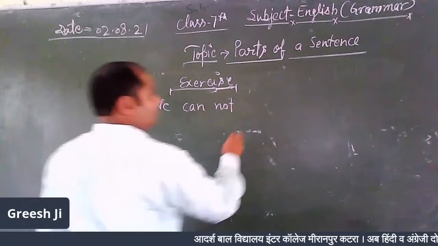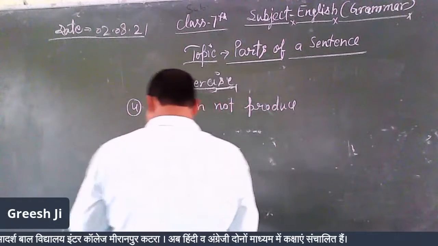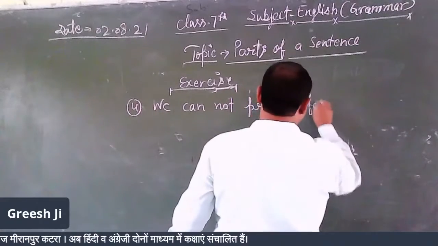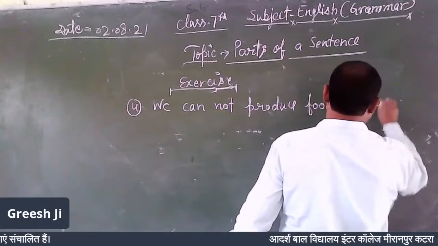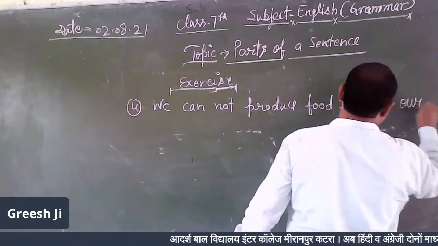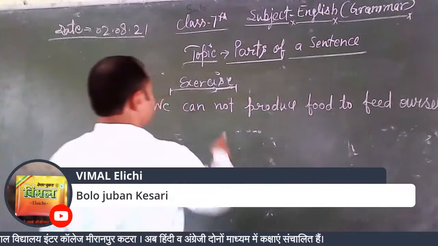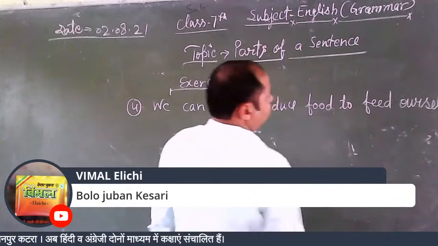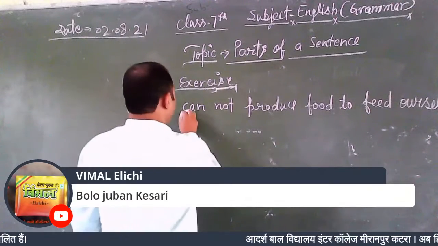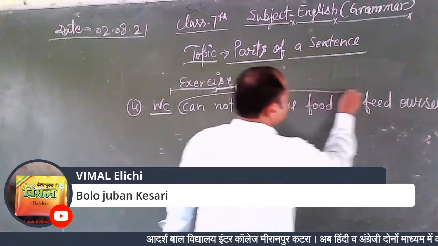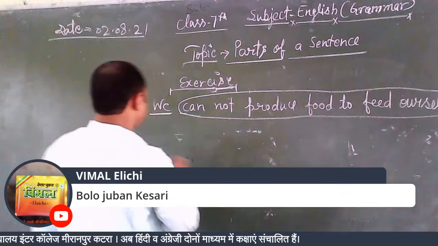We cannot produce food to feed ourselves. We is a part of subject and the other words are the part of predicate.